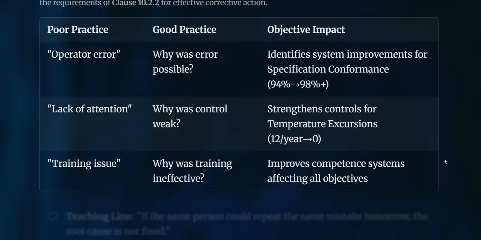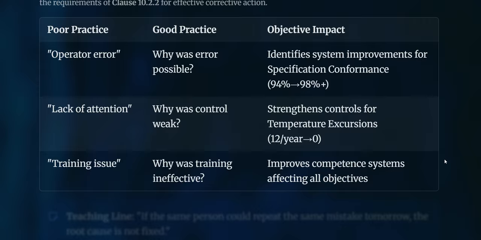The second poor practice is labeling lack of attention as the root cause for a nonconformity. The good practice is to start asking questions such as why was control weak? And the objective impact here is to strengthen control for temperature excursion elimination.